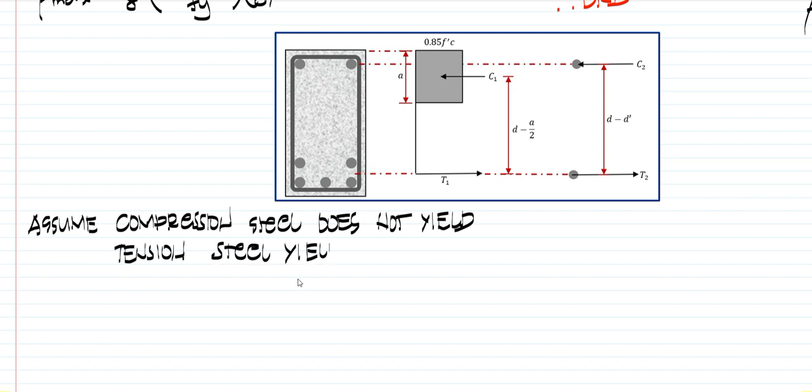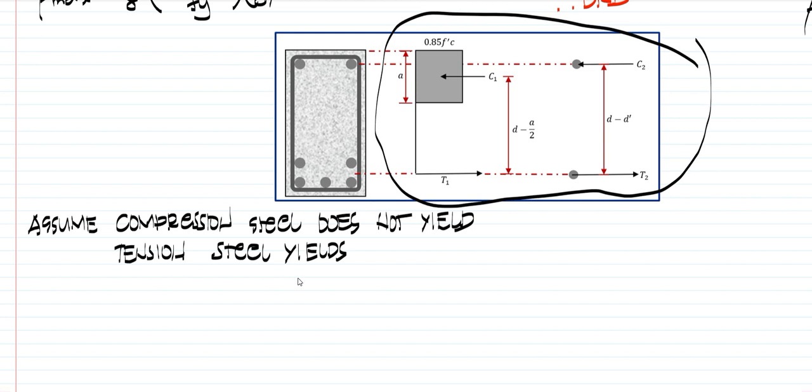We already have an idea from our previous video that the compression steel does not yield but the tension steel is yielding. So, we have to go through this assumption and use these diagrams.